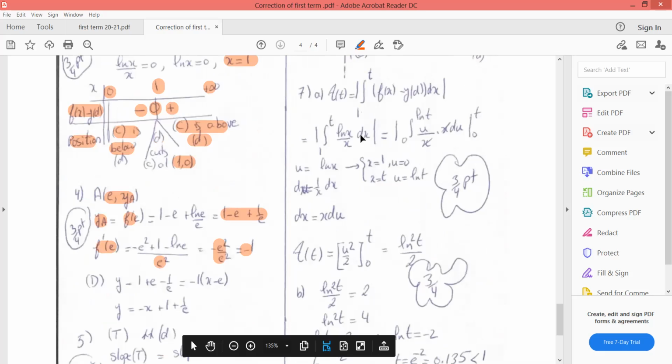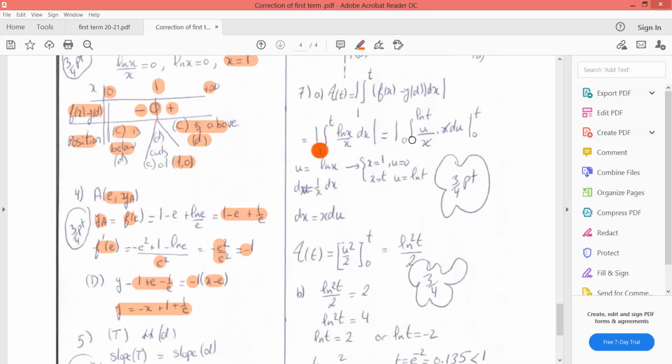Now, the area will be equal to the integral where 1 is changed into 0 and t is changed into ln t. Instead of ln x, we put u, and dx is x du, so the x over x simplifies. We get the integral of u du, the integral of the power.